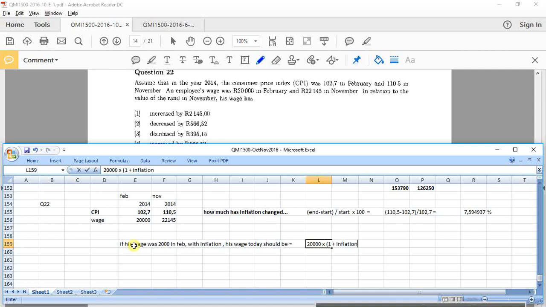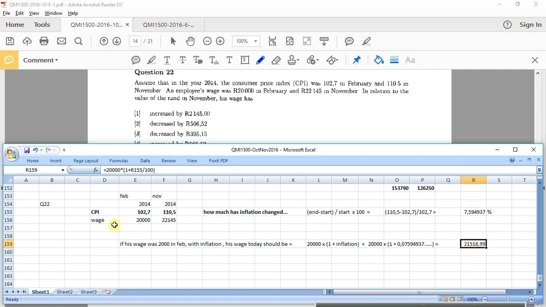So that's 20,000 times brackets 1 plus 0.757594937, close brackets, equals an amount. Okay, so 20,000 times open brackets 1 plus this divided by 100 close brackets gives me that. Okay, so that's what his wage should be.